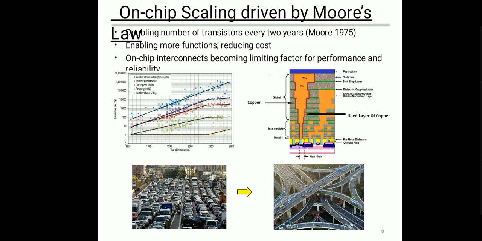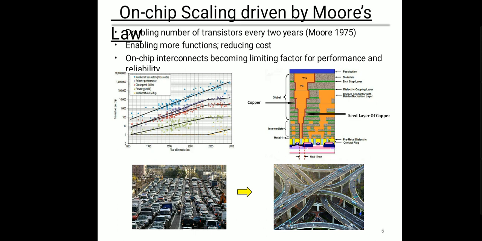Now, on-chip scaling is driven by Moore's law. What is Moore's law? Doubling the number of transistors every 2 years. In every 2 years, the number of transistors is doubling, so the transistors are increasing year by year, enabling more functions and reducing cost.